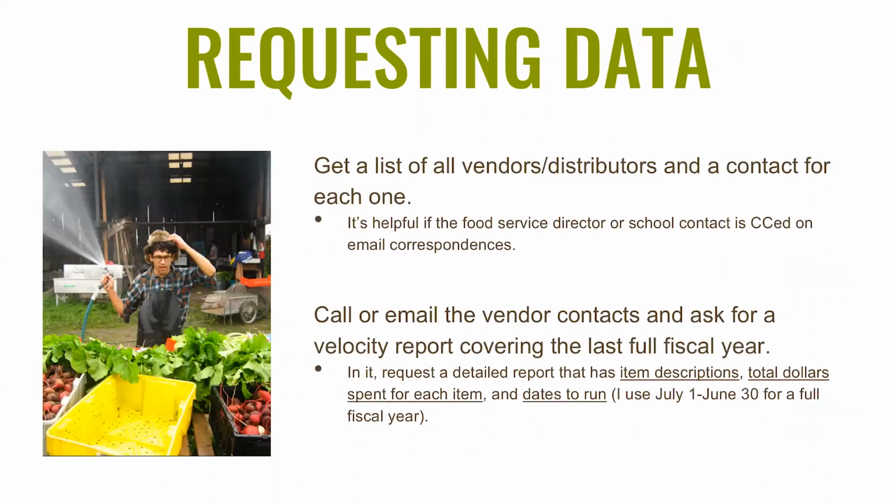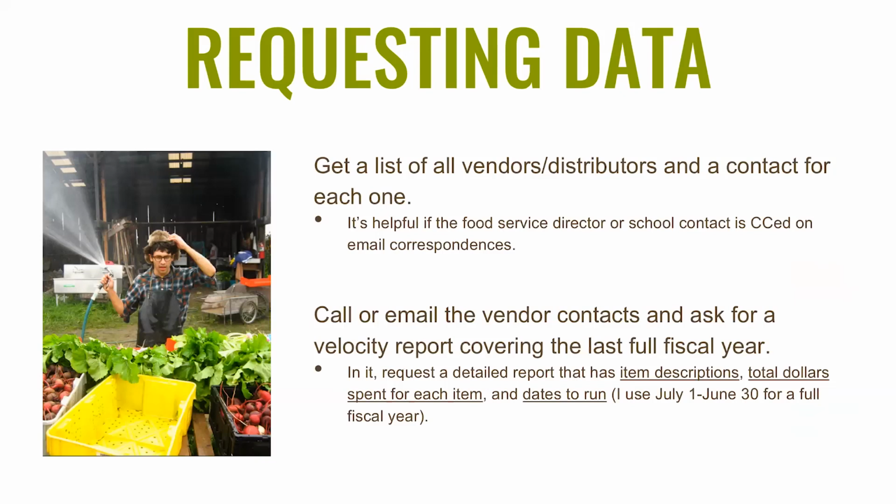So I wanted to give some thoughts about how to request a velocity report. One strategy that I use when I'm meeting with a food service director is getting a list of all the vendors and distributors that the district sources from and a contact for each one. I understand that a food service director has so much on their plate that running these kinds of data reports and doing the correspondence is a ton of work.